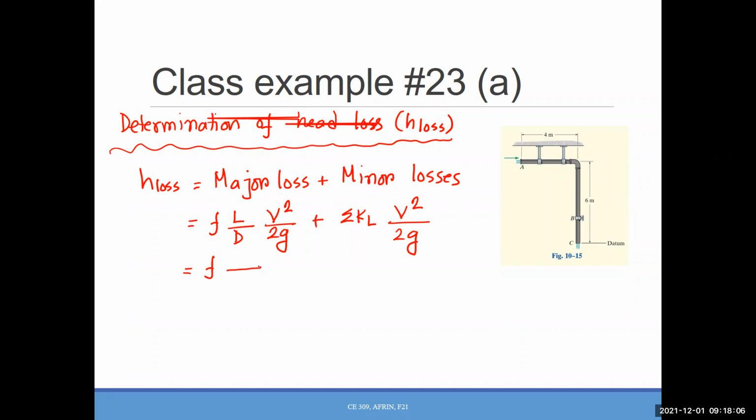What is the length in between A and C? Because that's where I applied the energy equation, right? What is the total length? 6 plus 4, which is 10. The diameter is 65. We know the velocity, which is 2 squared. And what will be the g value here? 9.81. Now summation of K_L, I don't know at this point, but I will find that.